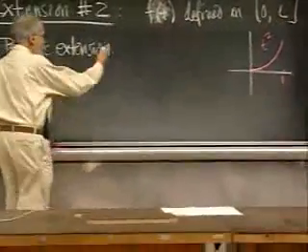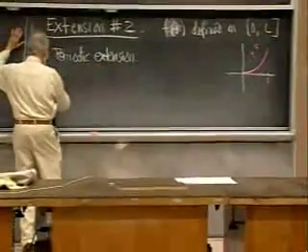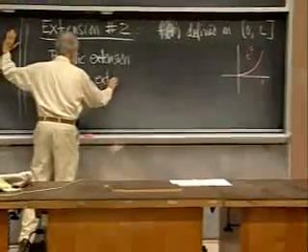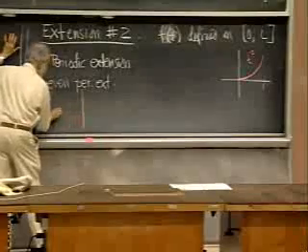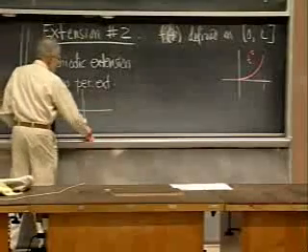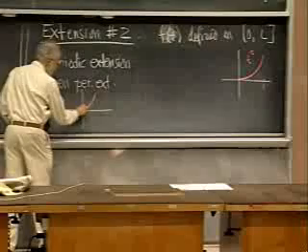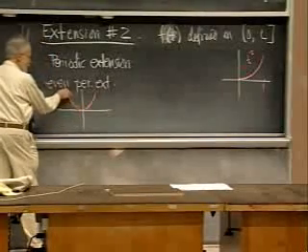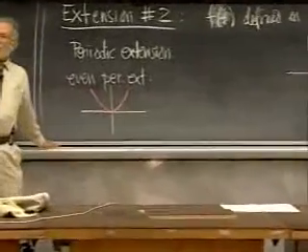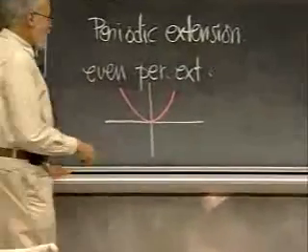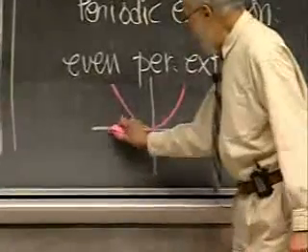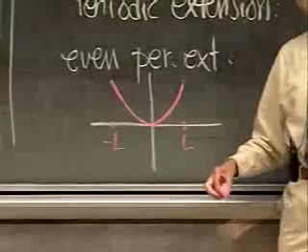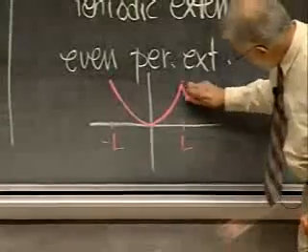Okay, that function has an even periodic extension. And its graph looks like this. Extended to be an even function. Okay, now that means from 0 to negative L, you've got to make it look exactly as it looked on the right-hand side, otherwise it wouldn't be even. And now what do? Well, now I've got from minus L to L, so all I am allowed to do is keep repeating the values.